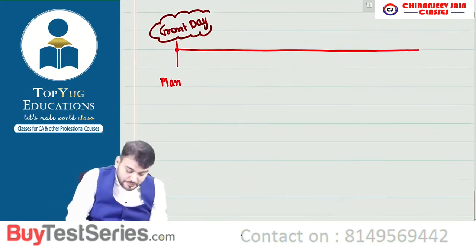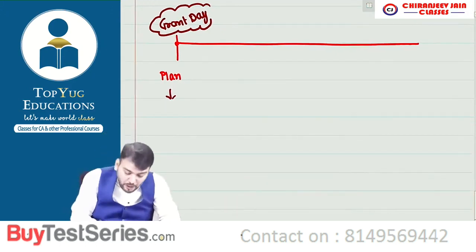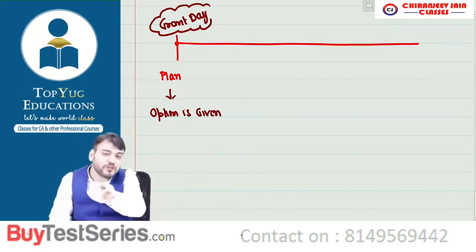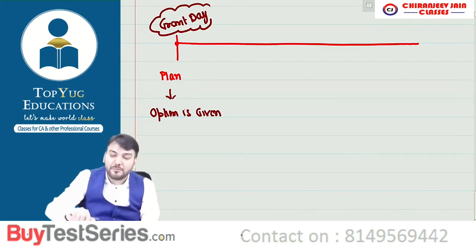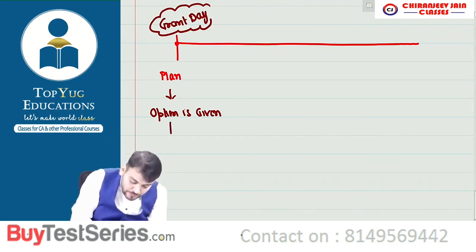Under this plan, what is given to the employee? Can I say an option is given to the employee? Means shares are not given, an option is given to the employee. What is that option?